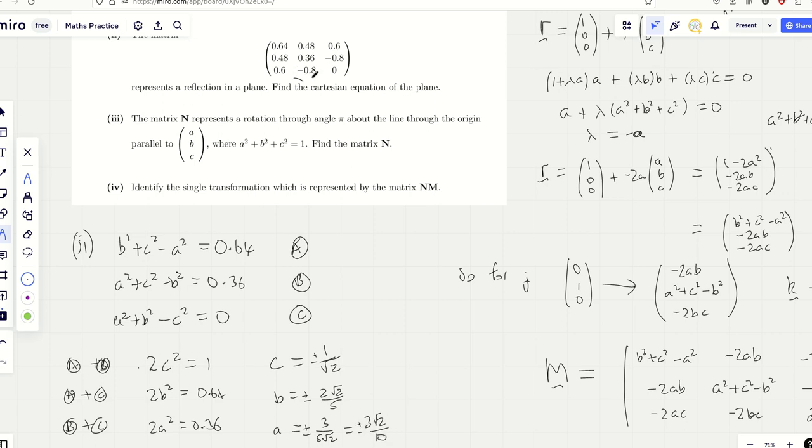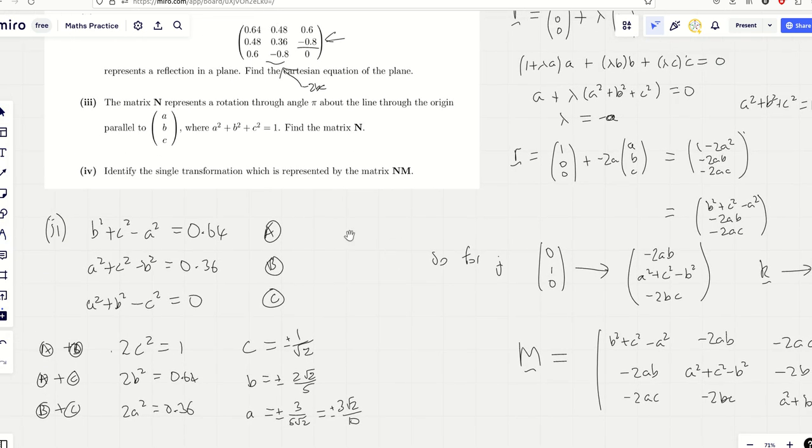Now a quick little bit of inspection: these are negative, and remember those are minus 2bc and minus 2bc. That tells me that maybe b and c are both positive or b and c are both negative.